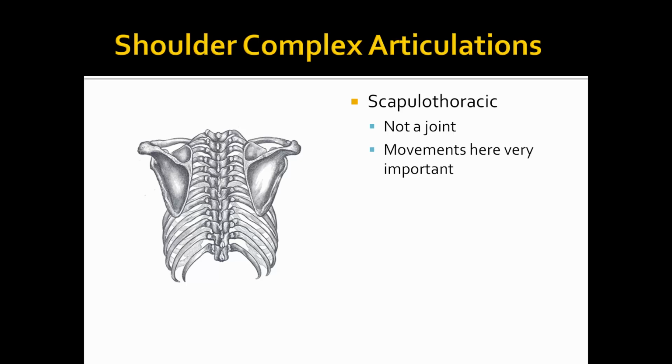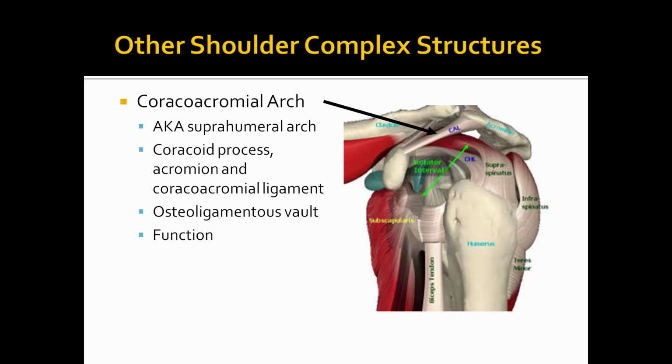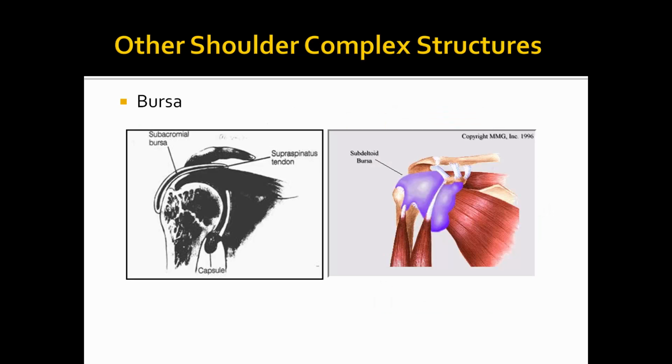But someone with poor scapulothoracic movement will have what's called medial winging, where the inferior angle of the scapula will pop out. I don't know if you've ever seen someone wing their scapula out and it sticks out real far. It's because they have weak stability of their shoulders. We're not going to be responsible for that coracoacromial arch stuff.